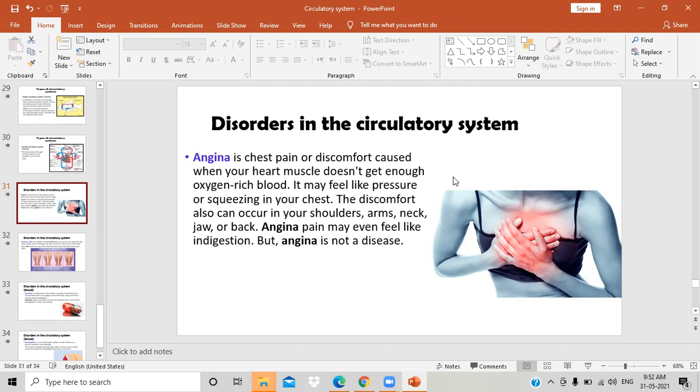So angina is not just a small pain in my chest, no, angina is a major pain. It's a very, very strong pain. As I told you, people who had angina said it's like someone stabbed me in the heart.